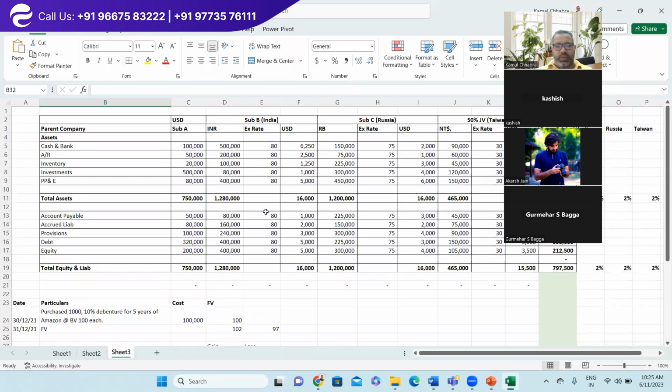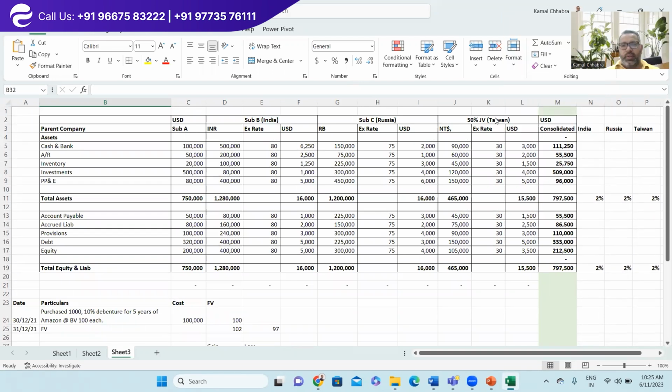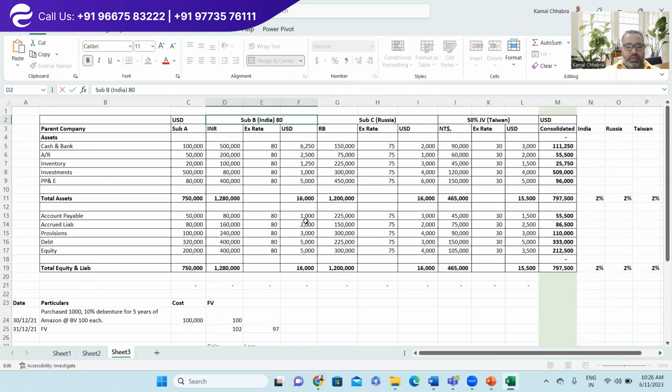I think you remember this example, right? Let's assume in this subsidiary, India B, you are holding, let's say, 80% equity.